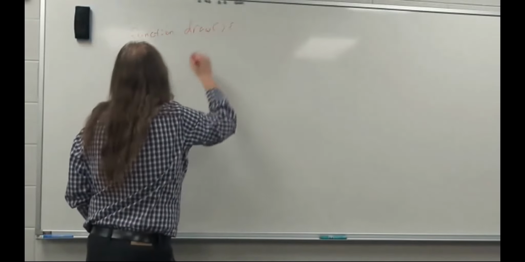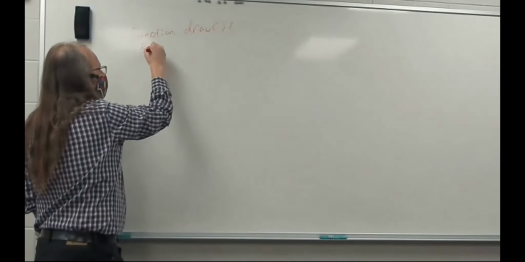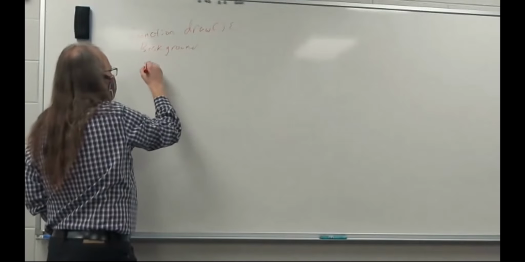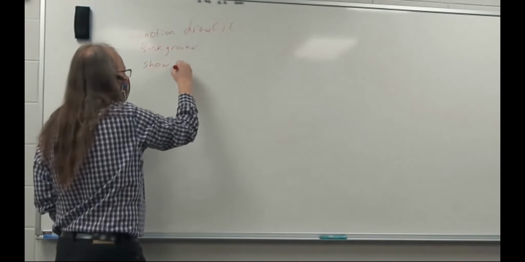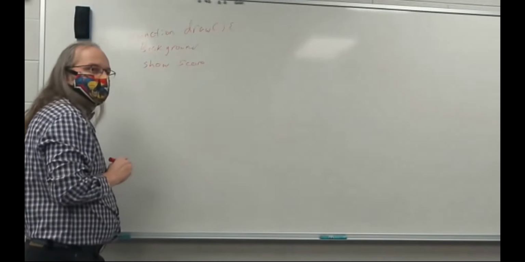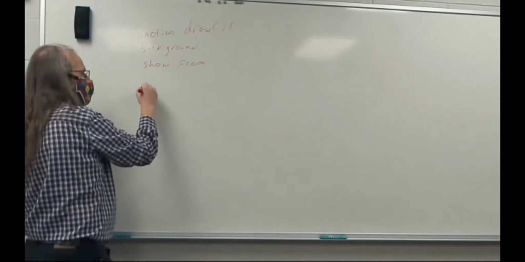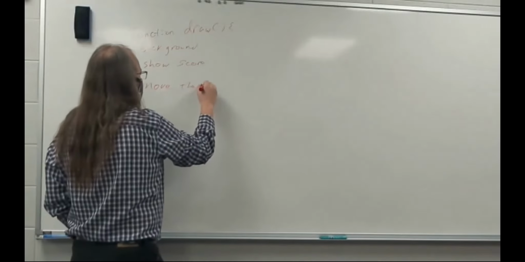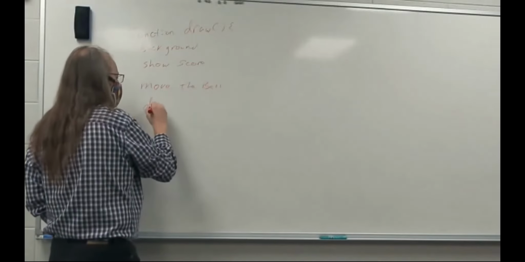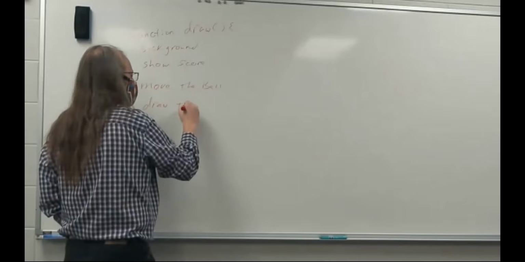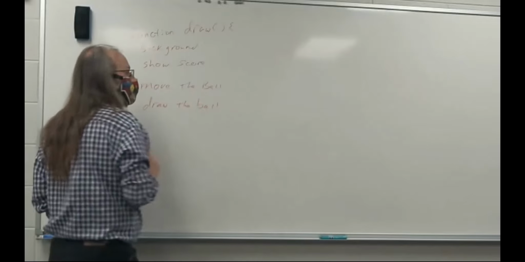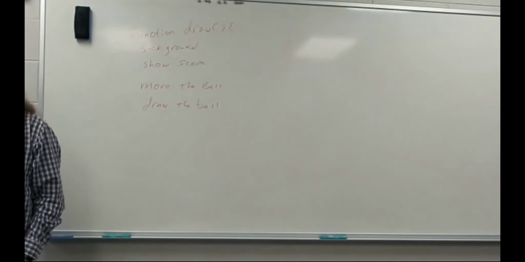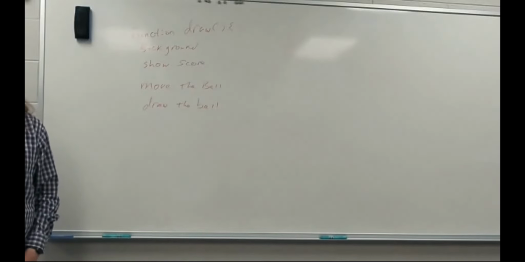And inside of our function draw, we've got code to do our background. Then we show our score, right? We move the ball. We draw the ball. These are all things that we are doing when our game runs, right?